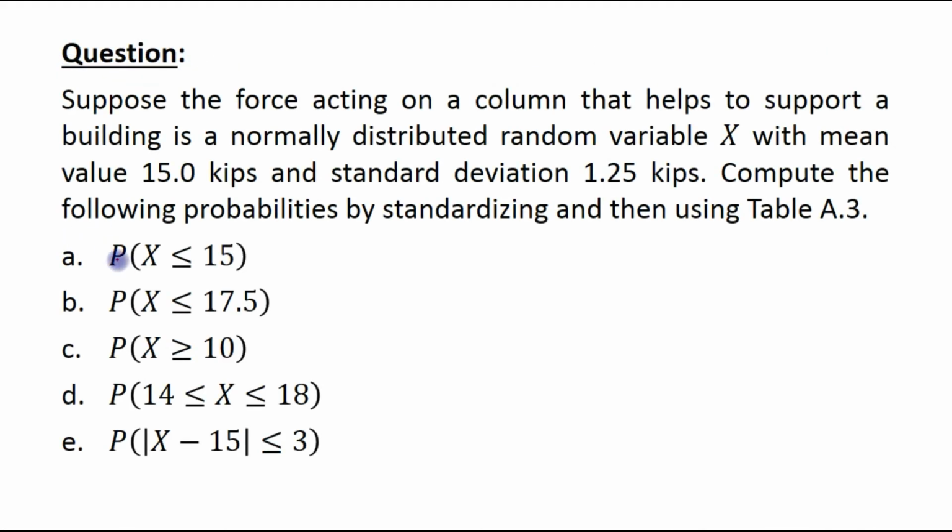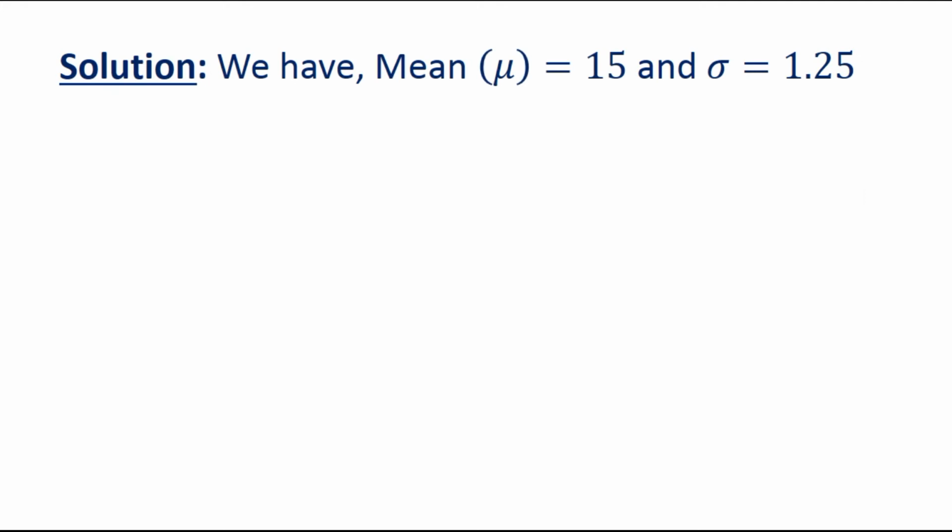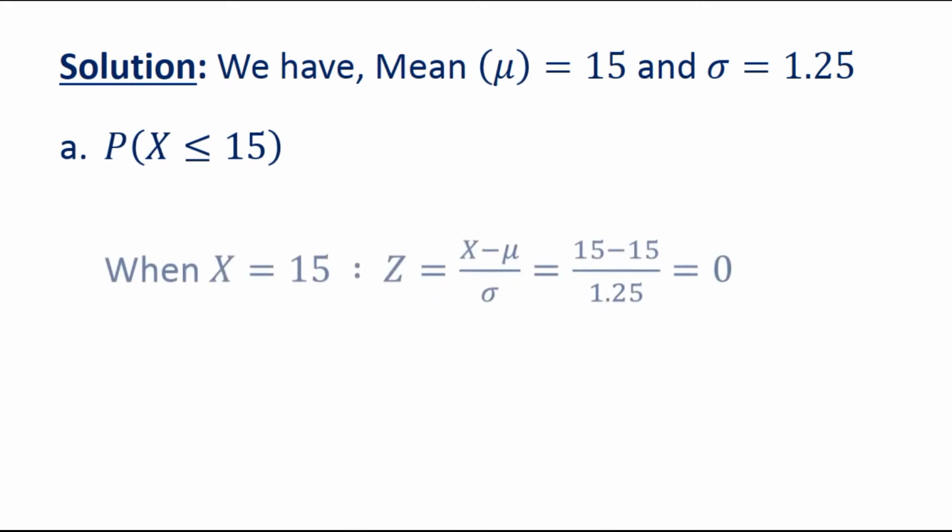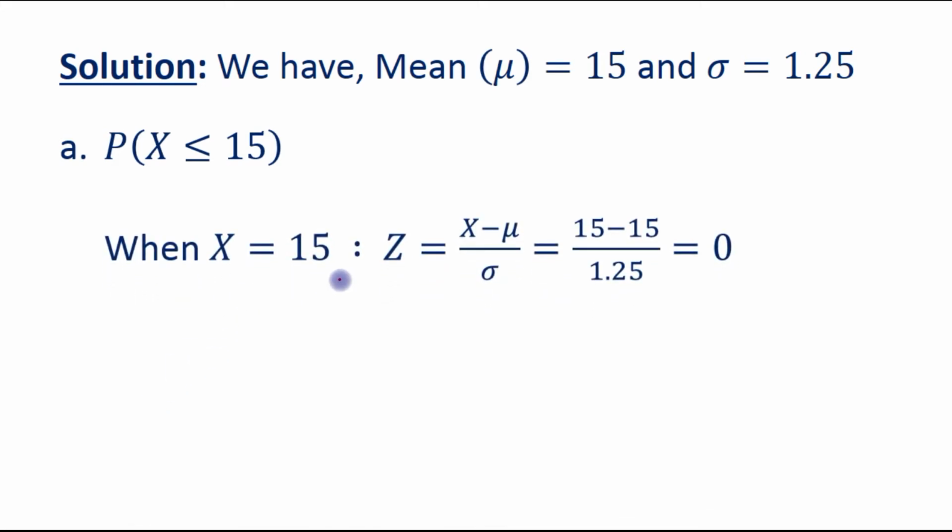And the first part is that probability x less than and equals to 15. When x equals to 15, then Z, which is x minus mu upon sigma. Mu and sigma are given in the question, and when we compute the value of Z, it will be 15 minus 15 upon 1.25, which is 0.